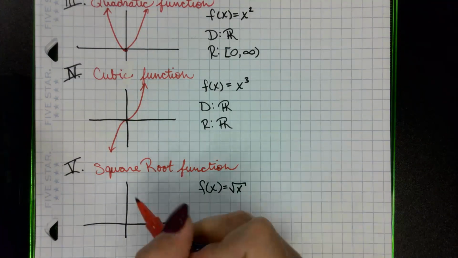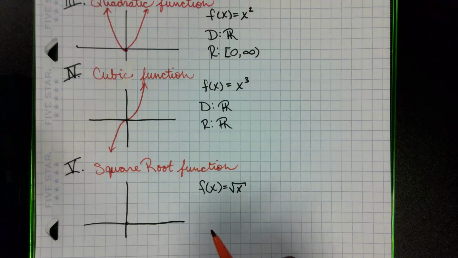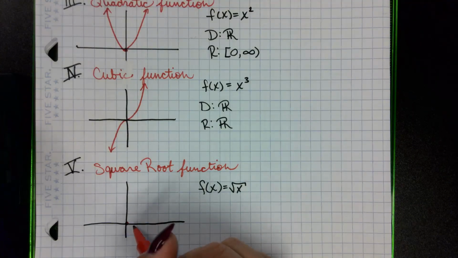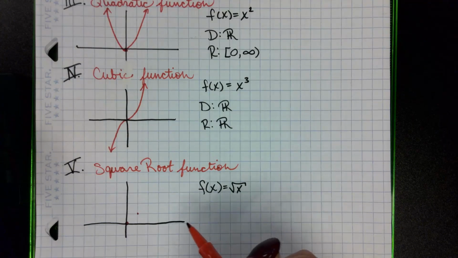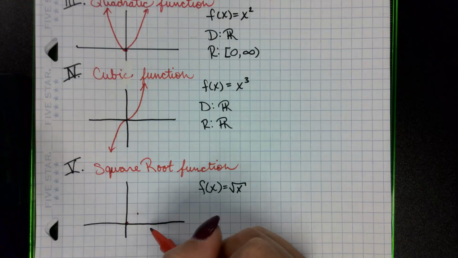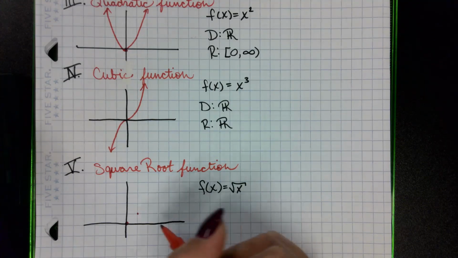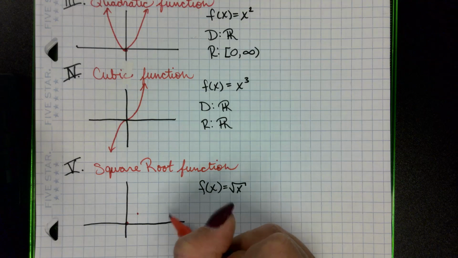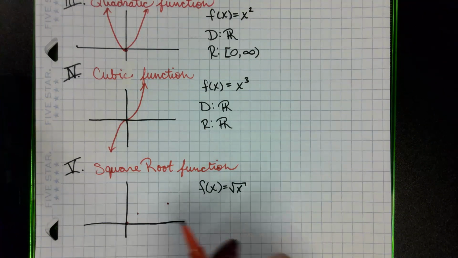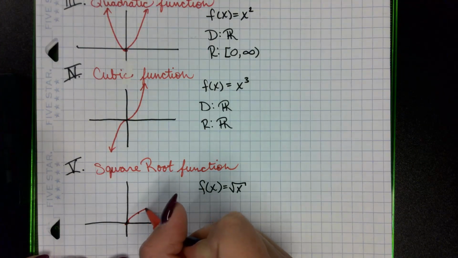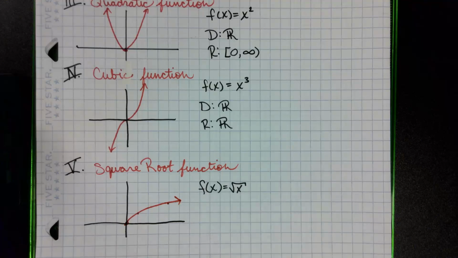To graph that, we're going to start at 0. And square root of 1 is 1. We wouldn't really want to use the points square root 2, right? Because that would give us not a nice number. Square root 3, no. Square root 4, yeah, square root 4 is 2, so we would get a nice point there. And then graph it.